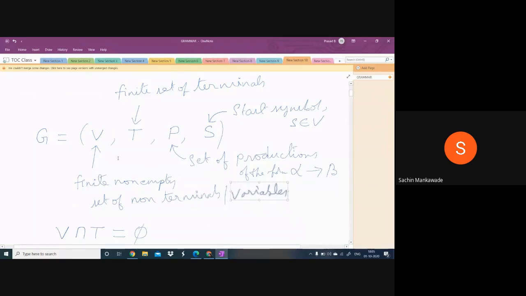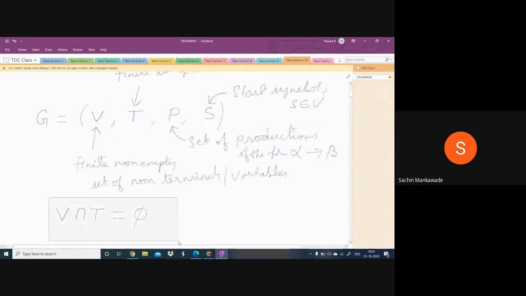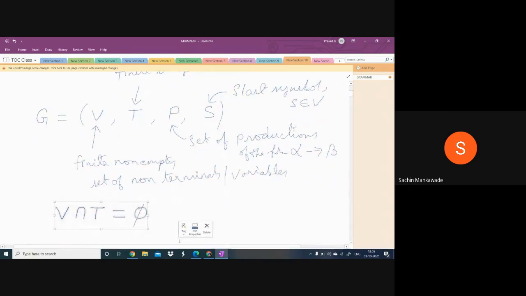T is the finite set of terminals. Whatever symbols are in V and whatever symbols are in T are all different, meaning these two sets will not have any common symbols. So V intersection T is always empty.